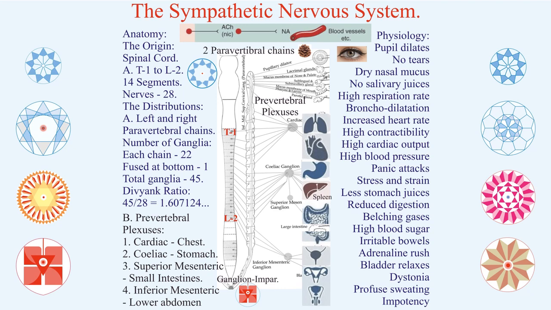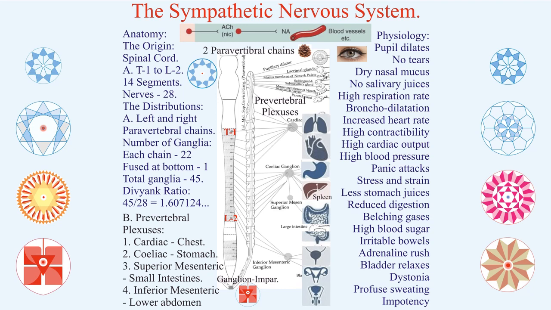These 14 plus 14 preganglion fibers create two chains, the left paravertebral chain and the right paravertebral chain. And interestingly enough, both the chains fuse at the bottom in the pelvic region to form the ganglion impar or coccygeal ganglia. And what is interesting is that 28 nerves lead to the formation of 45 ganglia, 22 plus 22 plus 1, 45.